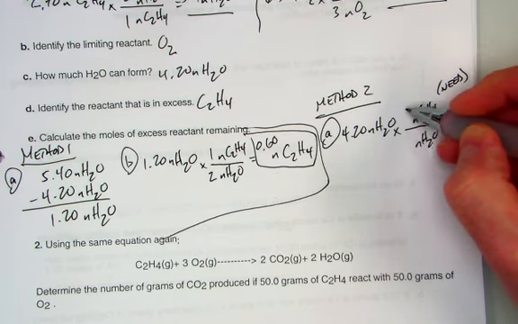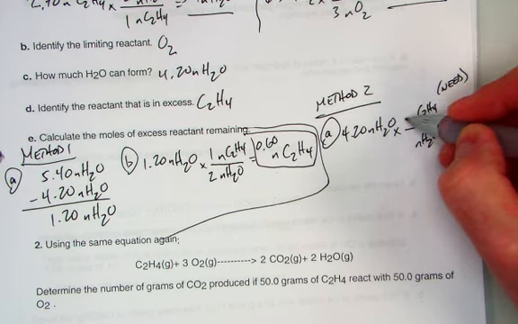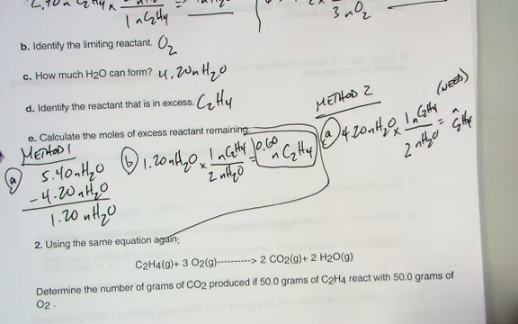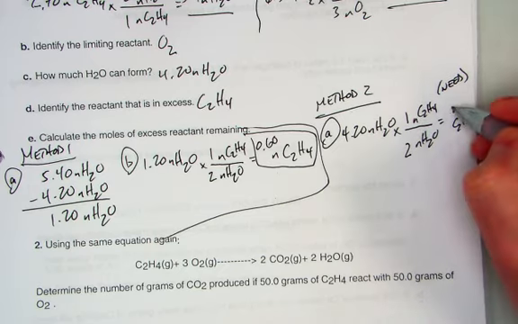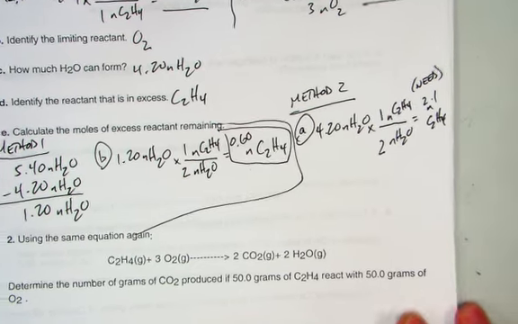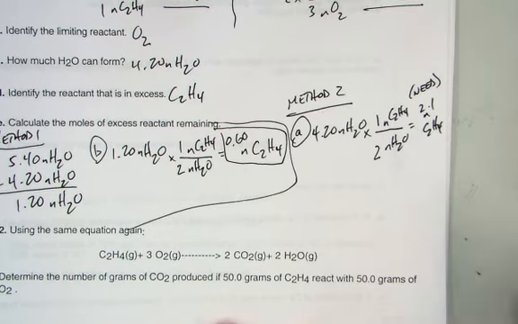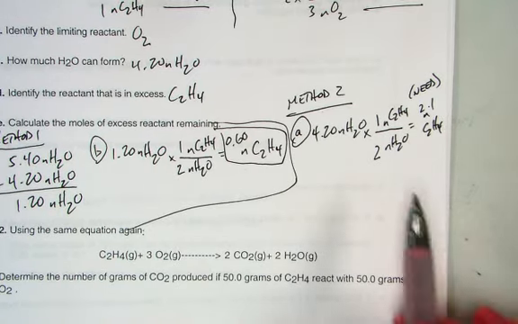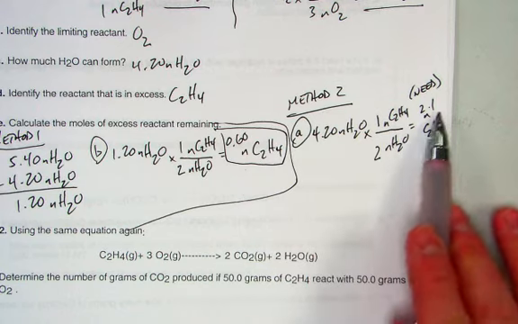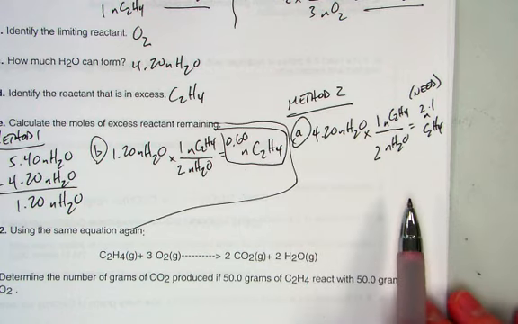From our equation, this is a 1, and this is a 2. Okay, so what do we get? We get 2.1 moles of C2H4. Sorry, it's all squished on the side. So what we figured out is that to make 4.2 moles of water, we only need 2.1 moles of C2H4.